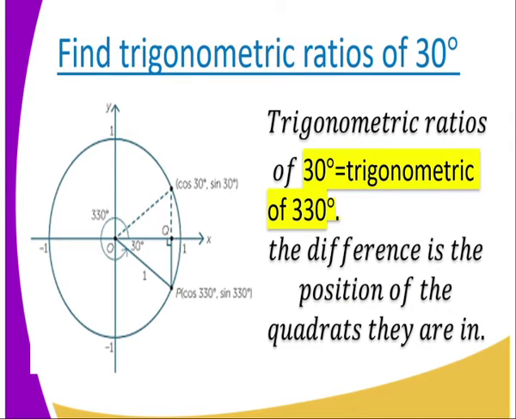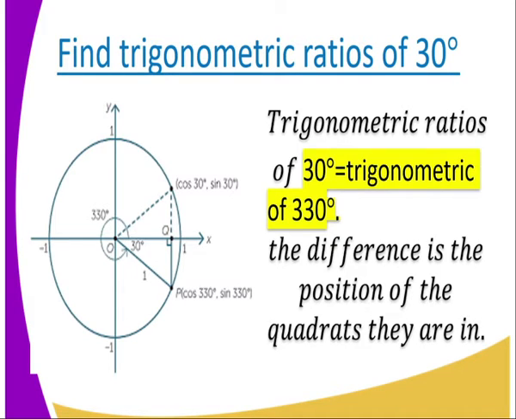Because it is in the fourth quadrant, you get the properties of the fourth quadrant, that is, only cos is positive. But the trigonometric ratios are similar to those of 30 degrees.